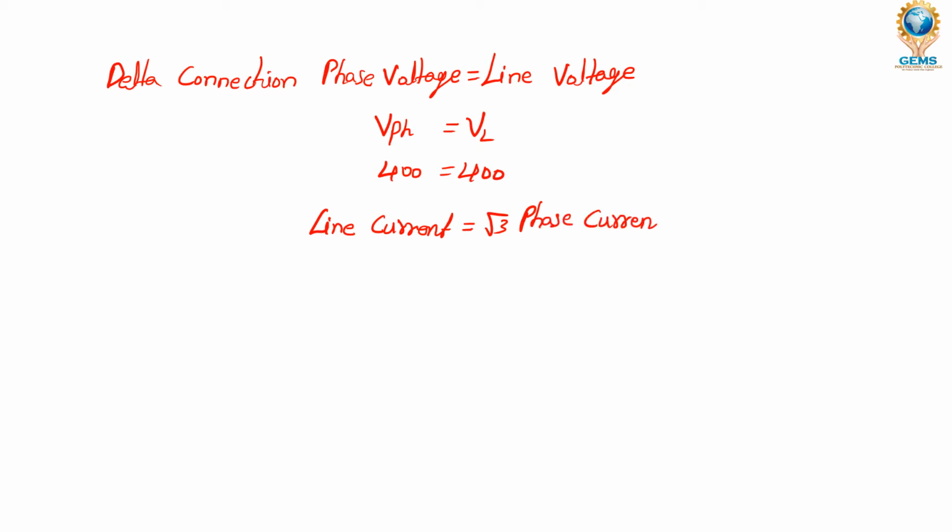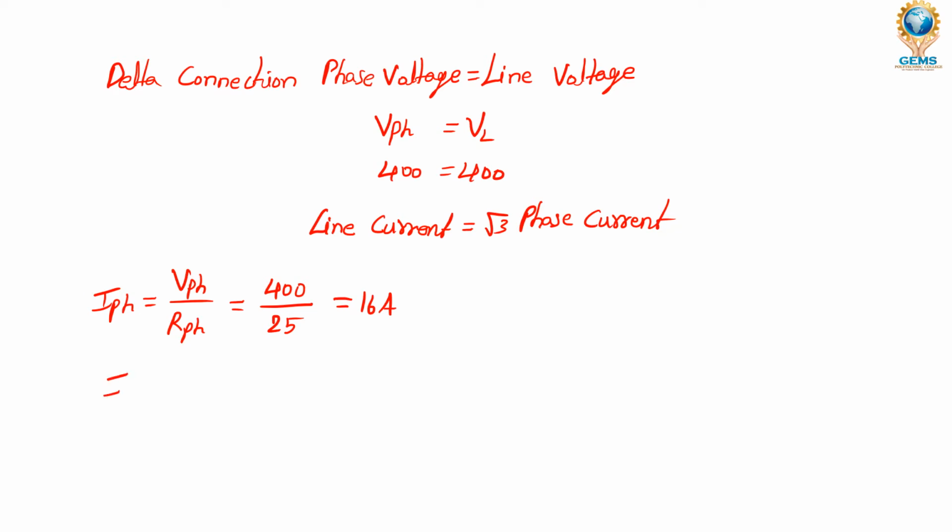This we have derived this relation in previous lectures. So first, phase current I phase equals V phase by R phase. We have phase voltage 400 volt and phase resistance 25 ohm. If we cancel this, we will get 16 amperes. This is the phase current.